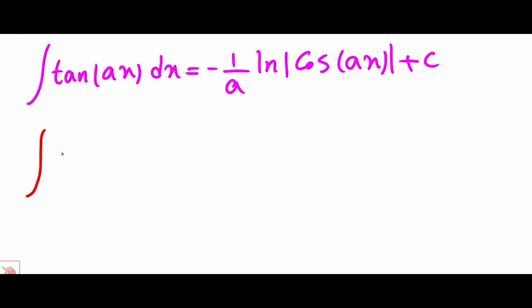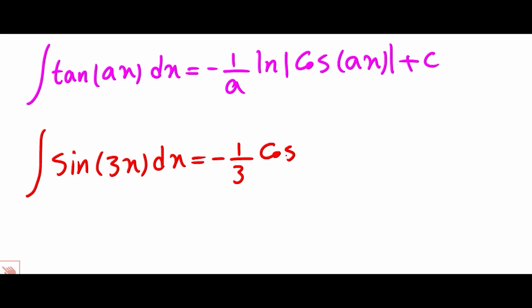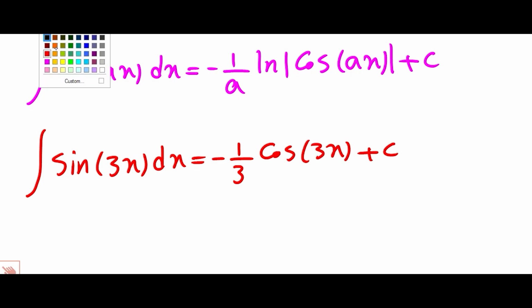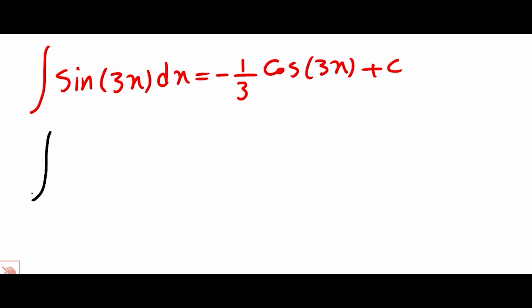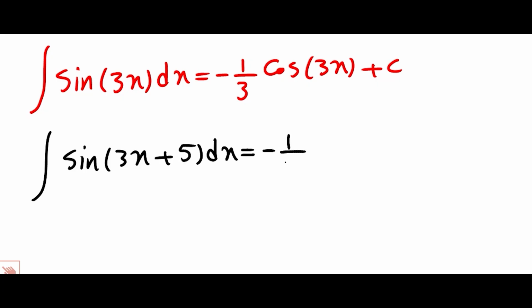For example, the integral of sine of 3x dx equals negative 1 over 3 cosine of 3x plus c. Or, for example, the integral of sine of 3x plus 5 dx equals negative 1 over 3 cosine of 3x plus 5 plus c.